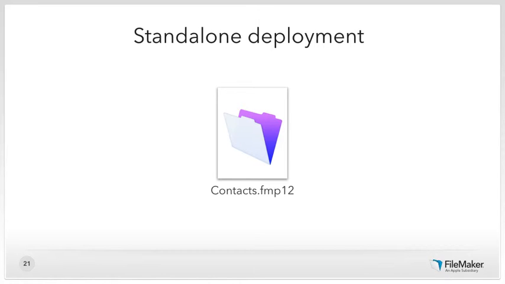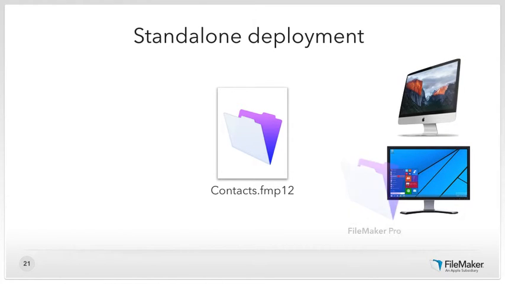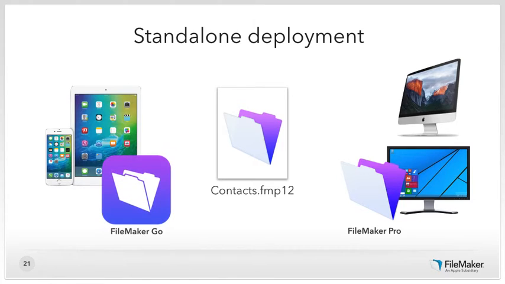So the client for standalone deployment is either FileMaker Pro, running on Windows or Mac desktop and laptop machines, or FileMaker Go, running on iPad, iPhone or iPod Touch devices.